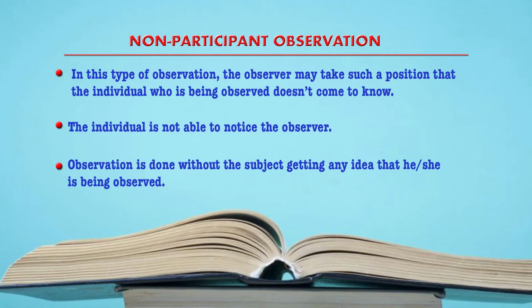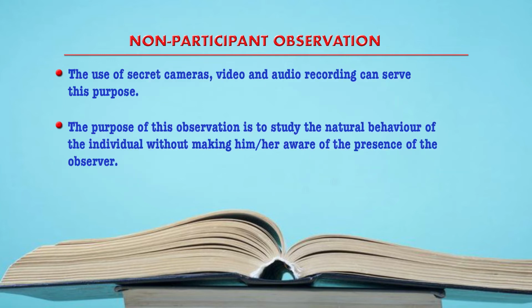Then we have another way of observing, which is called non-participant observation. In this type of observation, the observer takes such a position that the individual being observed doesn't come to know. We have hidden cameras, videos, and audio recordings. There can be different ways; we can have secret cameras.